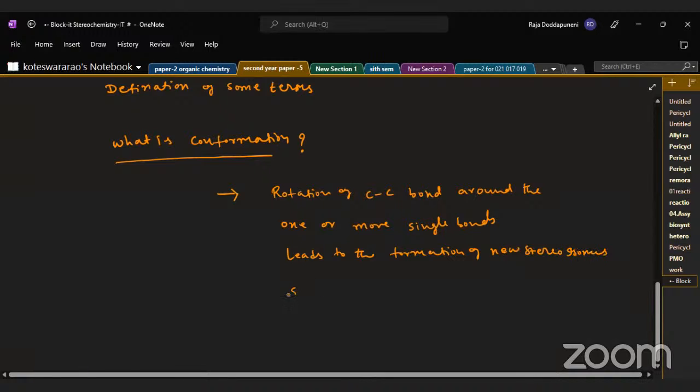Such isomers are known as conformers, or rotamers.